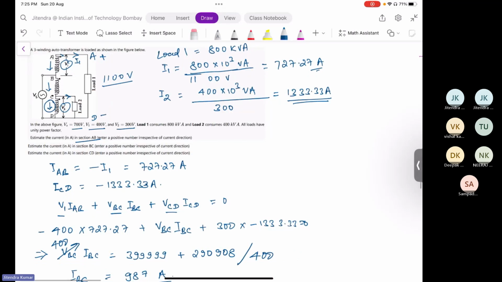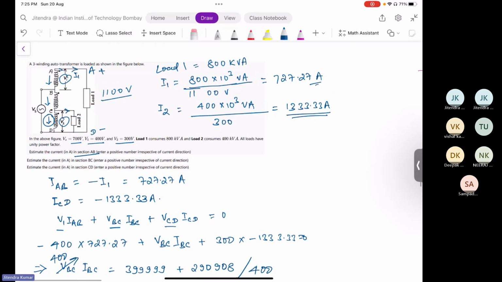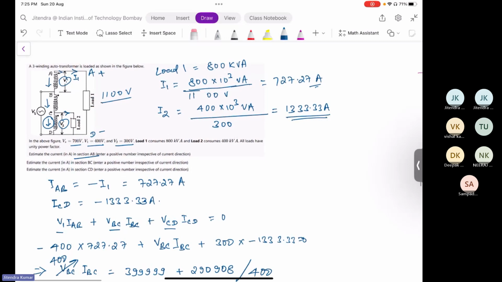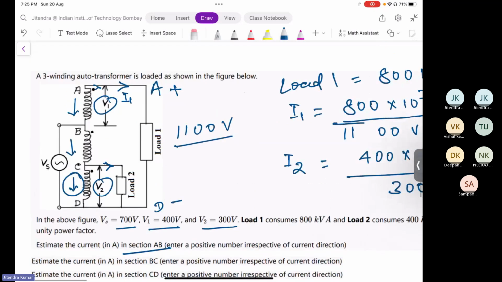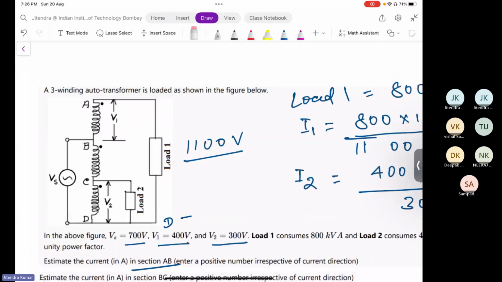Sir, can you explain a little bit about this direction? IBC or ICD? IBC or ICD. Okay. So see, let us suppose, let me remove first. Okay.